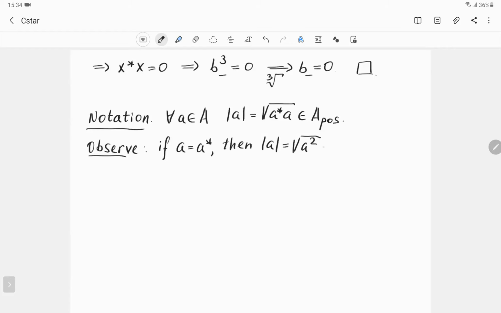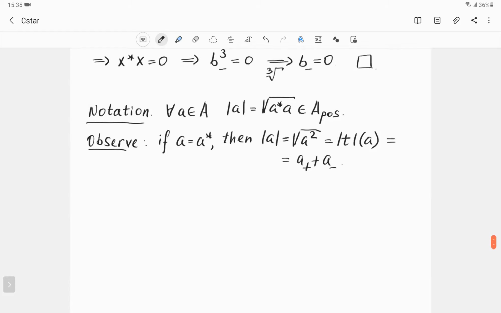And by the superposition property, this is the absolute value function applied to A. Or if we use notation from proposition 3, we see that this is A plus plus A minus. But the point is that now the absolute value is defined for each element of our algebra that is not necessarily a self-adjoint element. As another application, we get the following corollary, which characterizes positive elements.